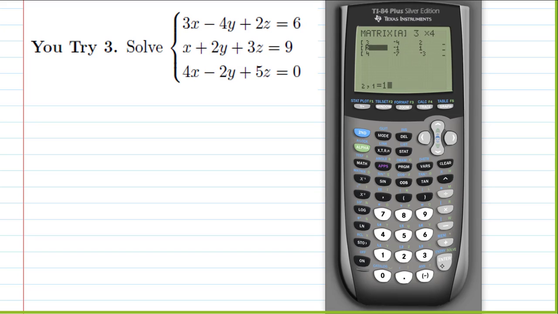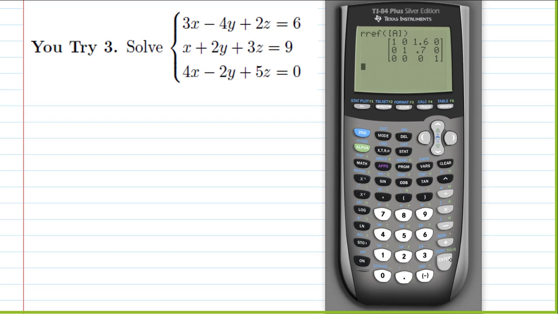We have 1, 2, 3, and 9, and 4, -2, 5, and 0. All right. So then if we reduce our matrix, we end up with the following.